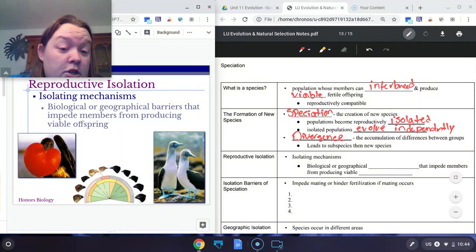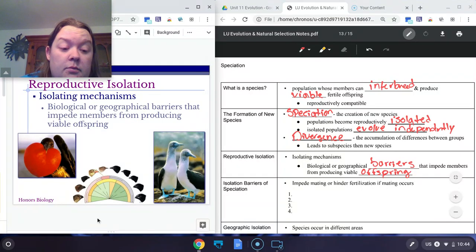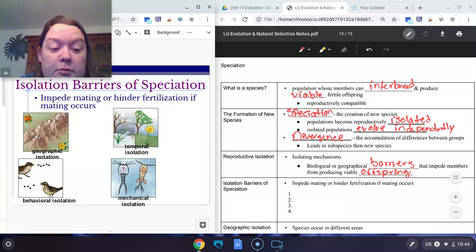There are going to be biological or geographical barriers. And these barriers are going to impede the members from producing offspring. So they're either going to be biological or physical barriers that prevent two organisms from mating and having offspring.